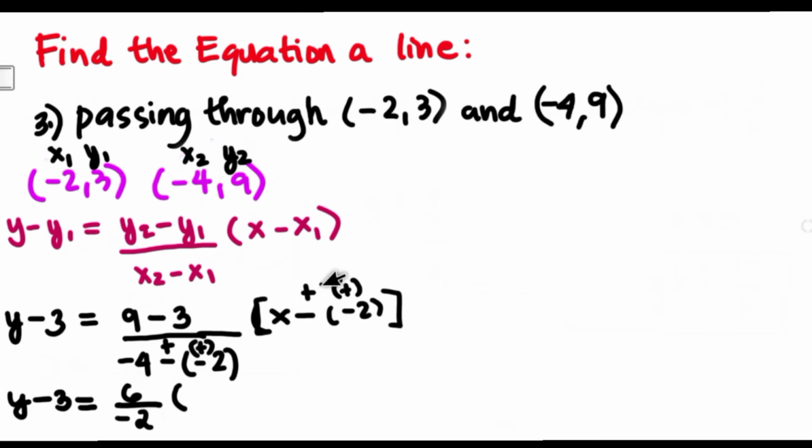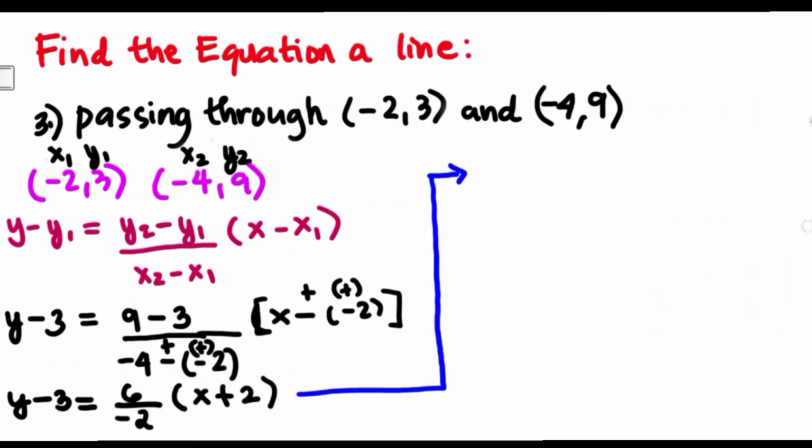So, magiging x plus 2. And then, lipat ko na po dito sa taas kasi wala na ako space. So, y minus 3, copy lang po natin, is equal to 6 divided by negative 2 is negative 3 multiplied to x plus 2.